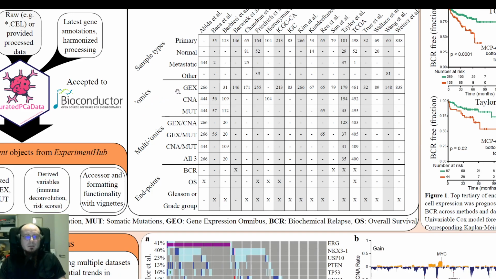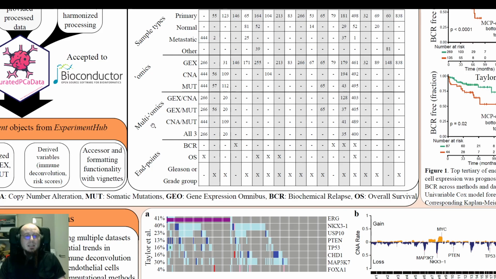Most of the omics do focus on transcriptomics, as you can see from this row over here, but we tried to identify as many as possible multi-omics datasets, and if you look at the intersection of the multi-omics, we are able to also provide datasets where you have all three levels of omics available.